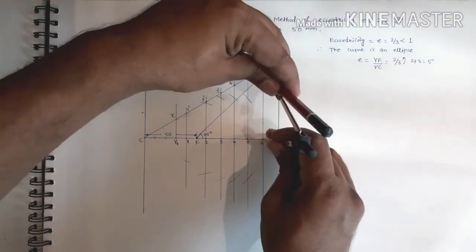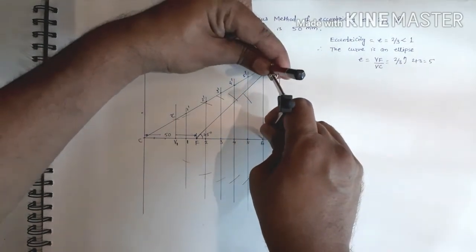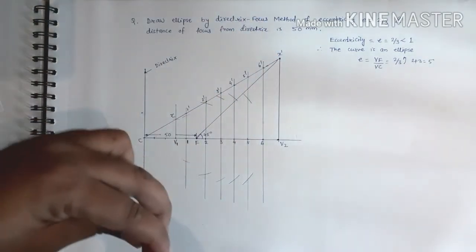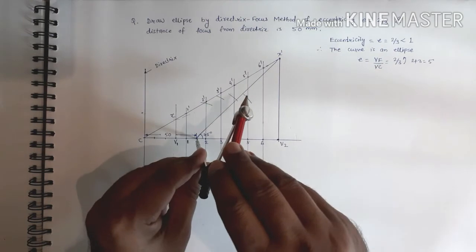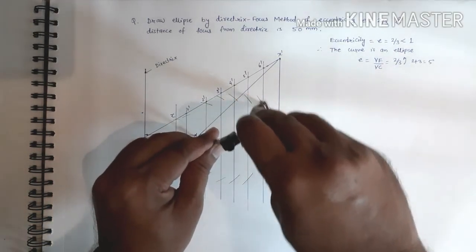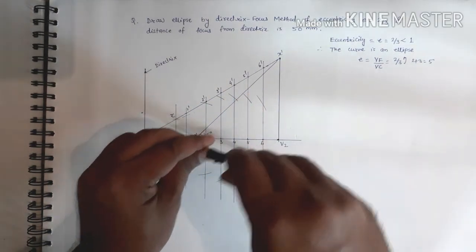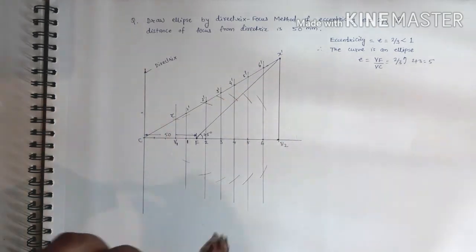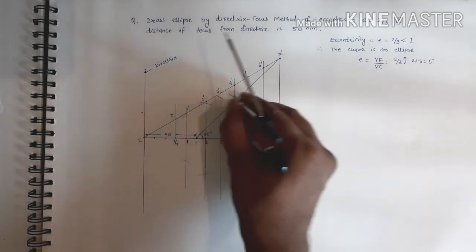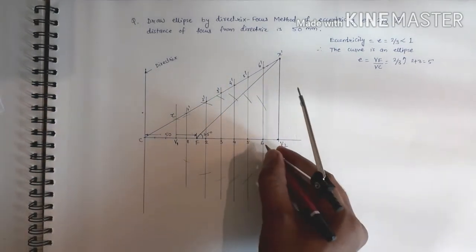Similarly 6 6 dash, put on focus point and mark on 6 6 dash line top side and bottom side. Now these are the points on the ellipse.